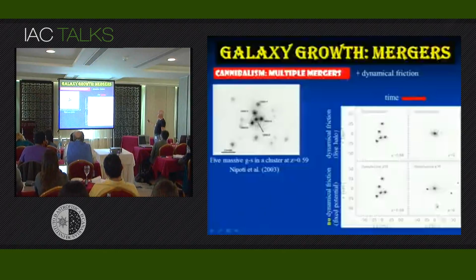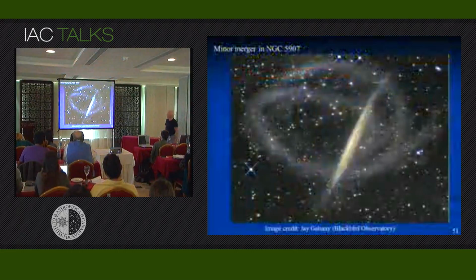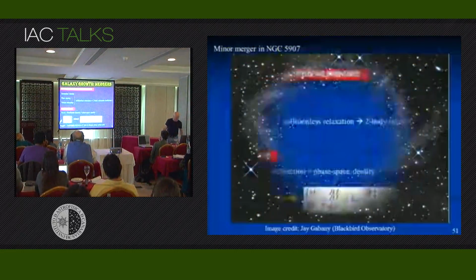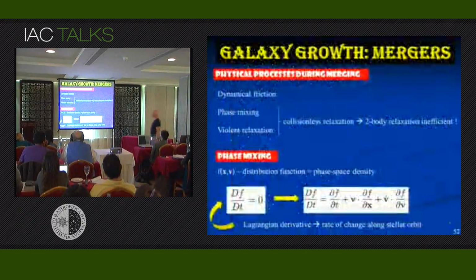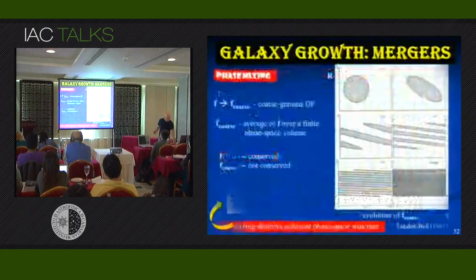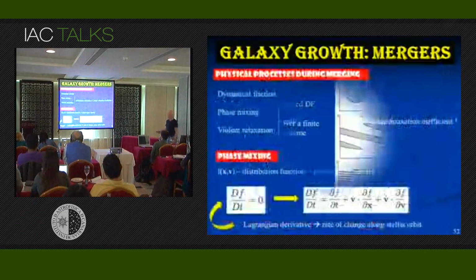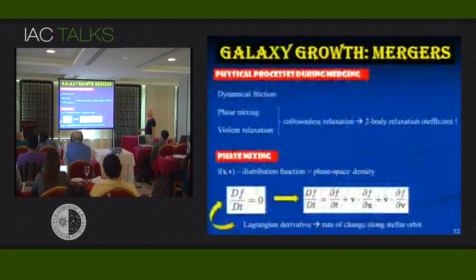On the right, you have numerical simulations with dynamical friction, the top two, from redshift 0.6 to redshift 0, and without dynamical friction. And you see, without dynamical friction, they basically don't merge, even in 6 gigayears.